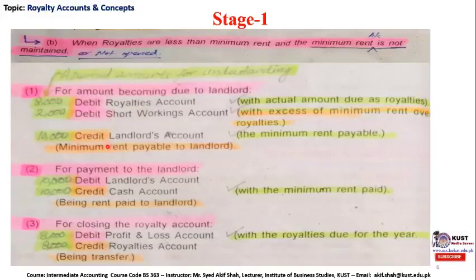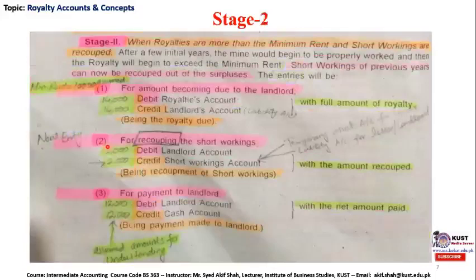Here is the emphasis or focus point of this lecture, stage number 2, when the royalties are more than the minimum rent and the short workings are recouped.